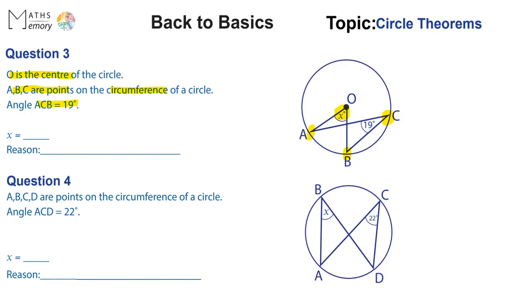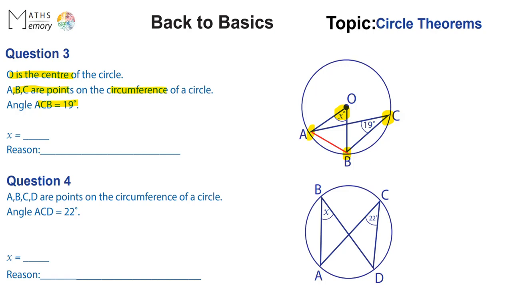So basically this is the double angle theorem, because the angle at the center is always double the angle at the circumference. This is the center and this is the circumference over here. Now we have this imaginary chord, we call it here on maths memory, and this is something they never really give in the exams, and this is the imaginary chord AB. From AB, there are two clear triangles emanating from this.